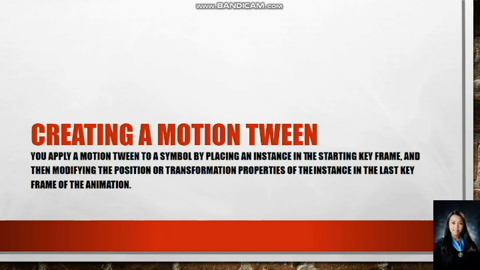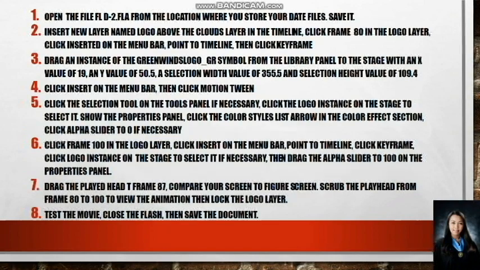So now, creating a motion tween. Let's further understand the first tween animation, which is the motion tween. You apply a motion tween to a symbol by placing an instance in the starting keyframe and then modifying the position or transformation property of the instance in the last keyframe of the animation.